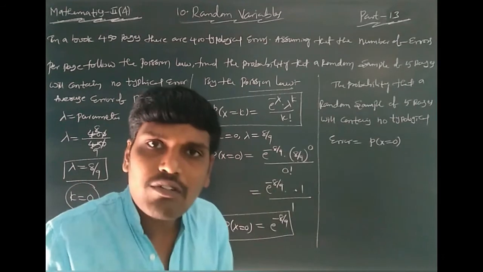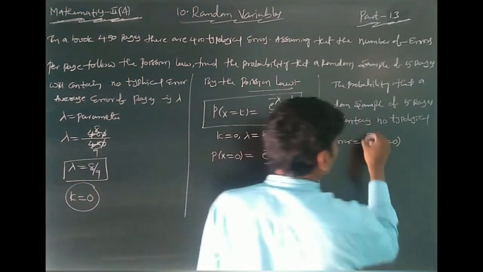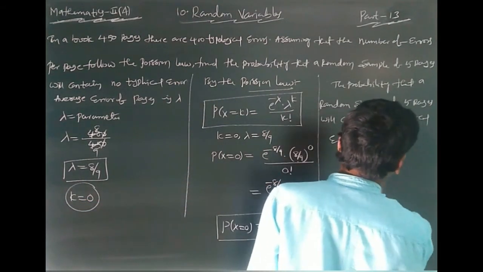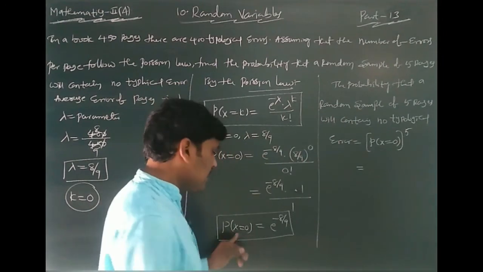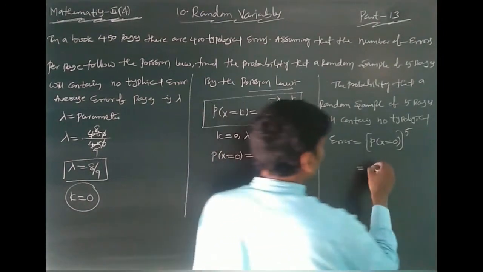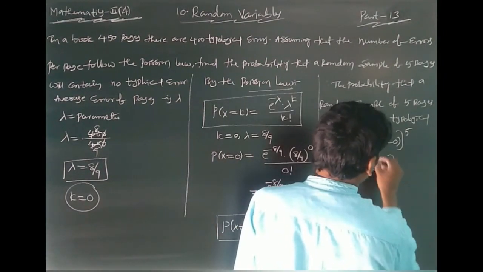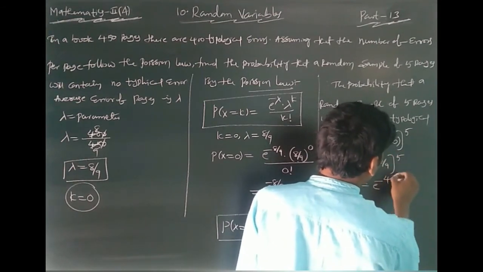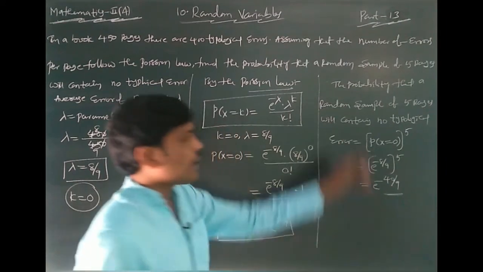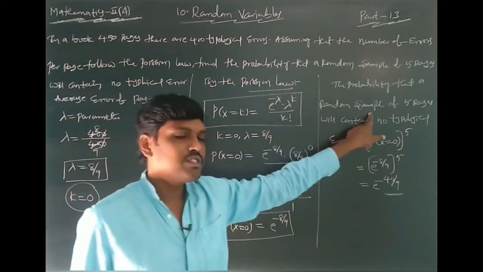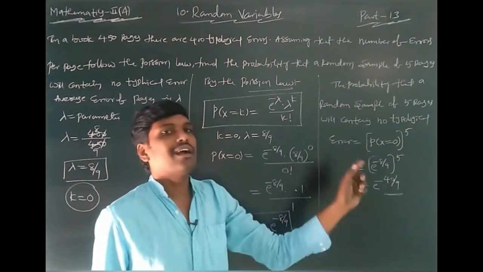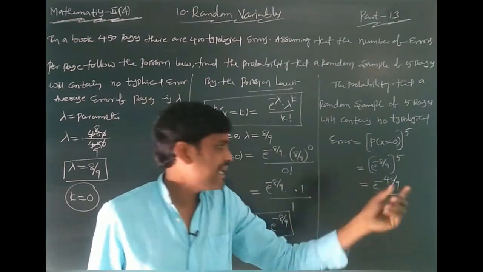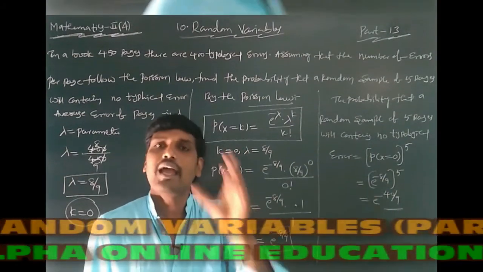How many pages do we have to take? 5. That's why P of x equal to 0 all power 5. P of x equal to 0 value is e power minus 8 by 9 whole power 5, that's why e power minus 40 by 9. This is the probability that a random sample of 5 pages will contain no typological error: e power minus 40 by 9.